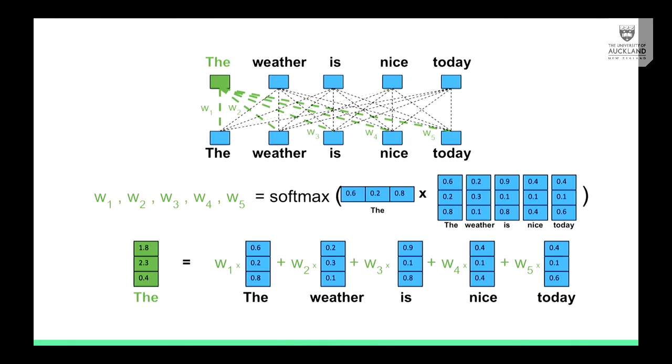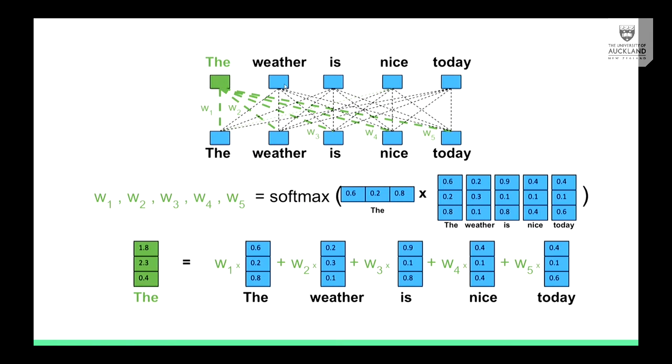But mathematically, what happens in attention is, imagine you have a vector for the word the, and then you transform this vector by adding all the useful information of the sequence.